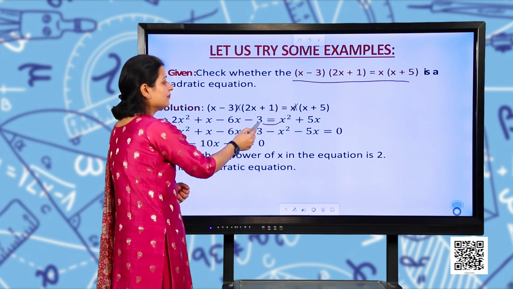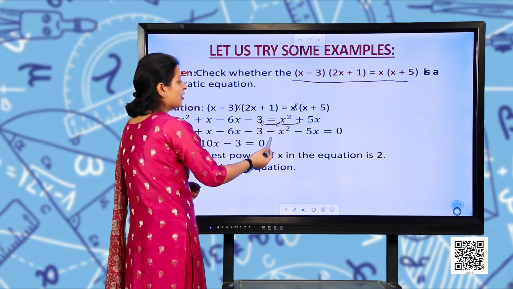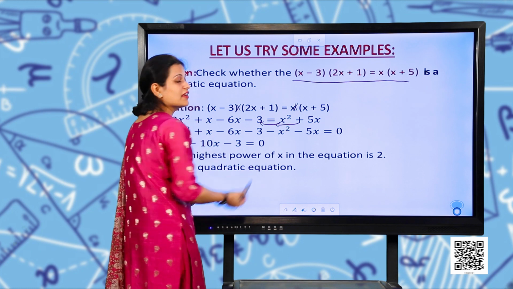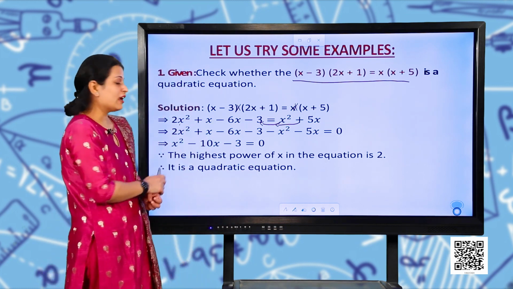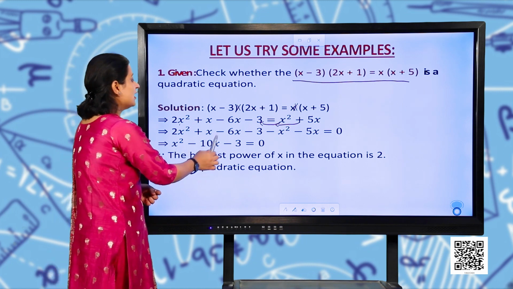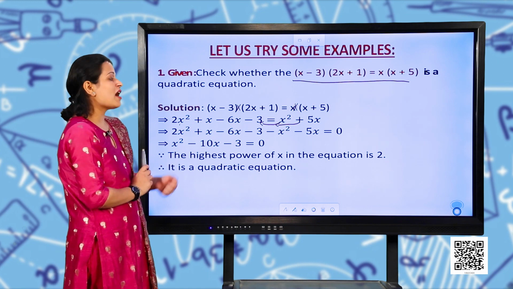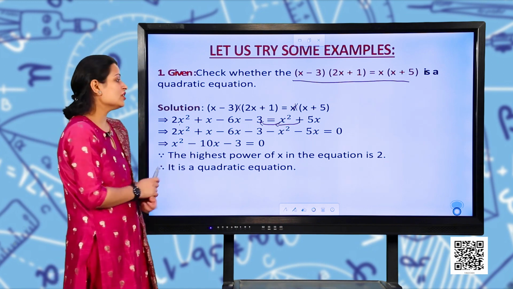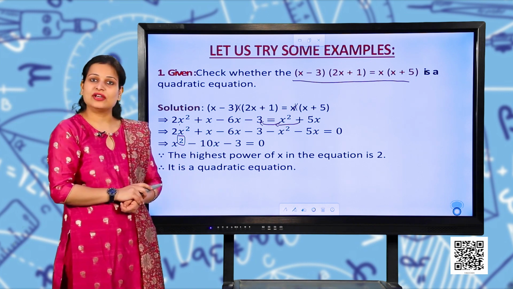Now this will become negative and this will also become negative. So minus x square minus 5x is equal to 0. So after solving, you will get x square minus 10x minus 3 is equal to 0. So the highest power of x in the equation is what? 2. So it is a quadratic equation.